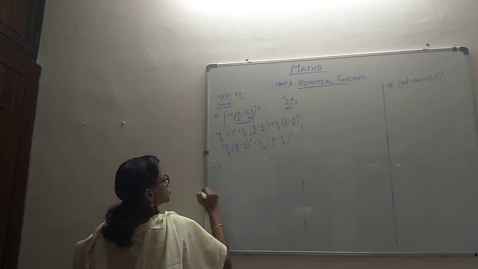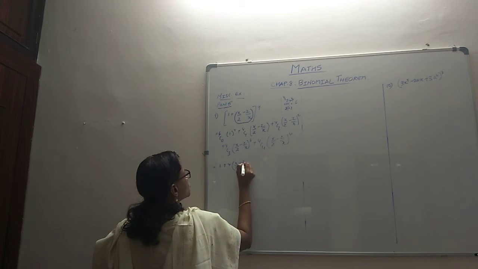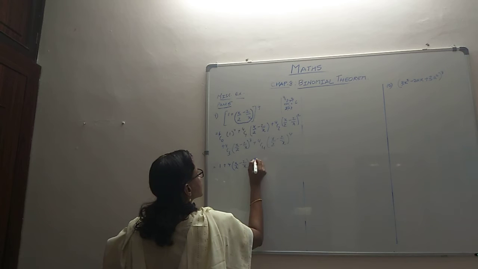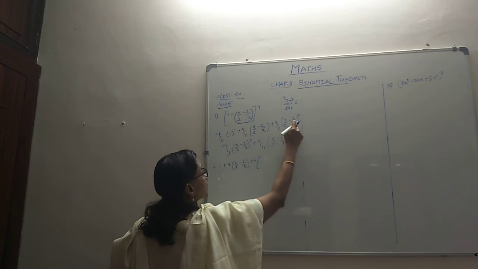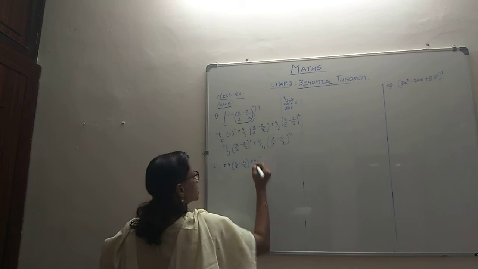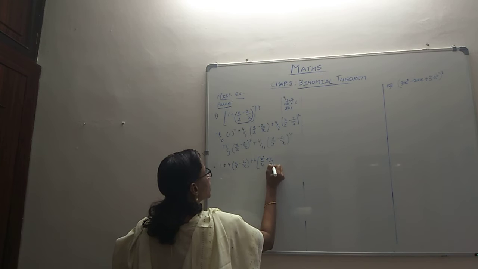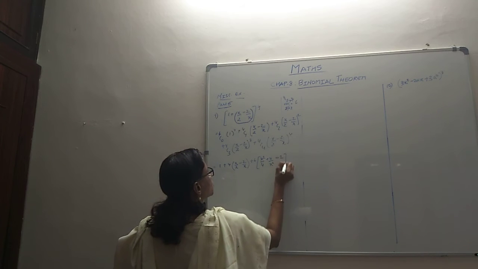And let's see now how this is going to work. This is 1 raised to 4, which is 1. This is 4 times (x/2 - 2/x). 4c2 is 6 times; let's open up the bracket, (a - b) whole squared expands as a squared minus 2ab plus b squared. So this will come as x squared by 4 plus 4 by x squared minus 2.